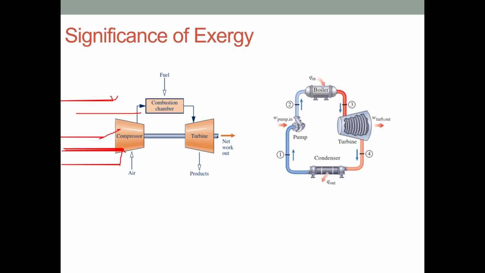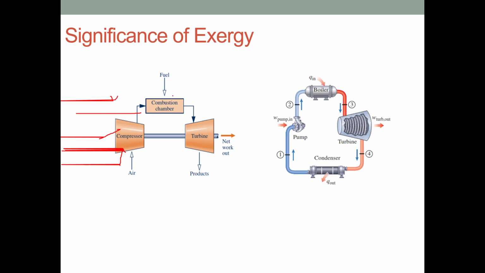Similarly, when we move to the combustion chamber, how much exergy is entering the combustion chamber, how much fuel exergy is entering, and how much exergy is leaving. Ideally, inlet exergy should be equal to the outlet exergy, but because of the irreversibilities within the combustion chamber, the exergy will be destroyed.